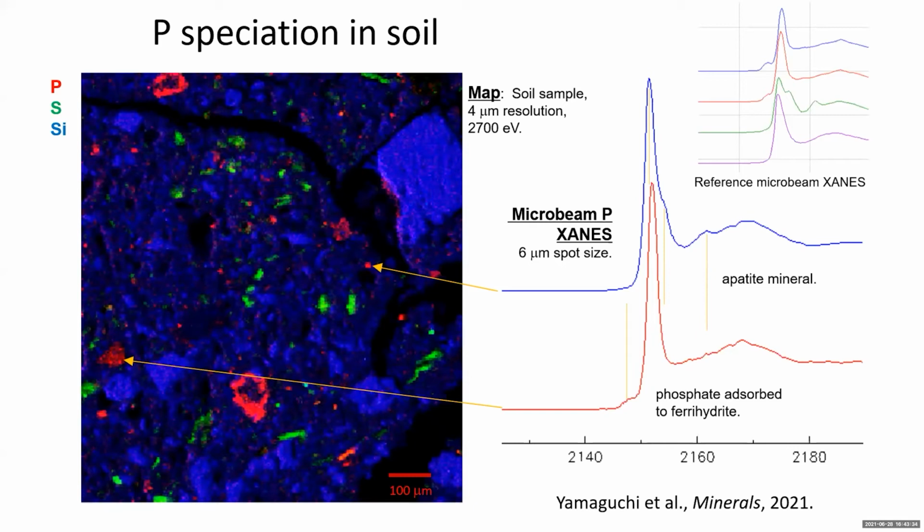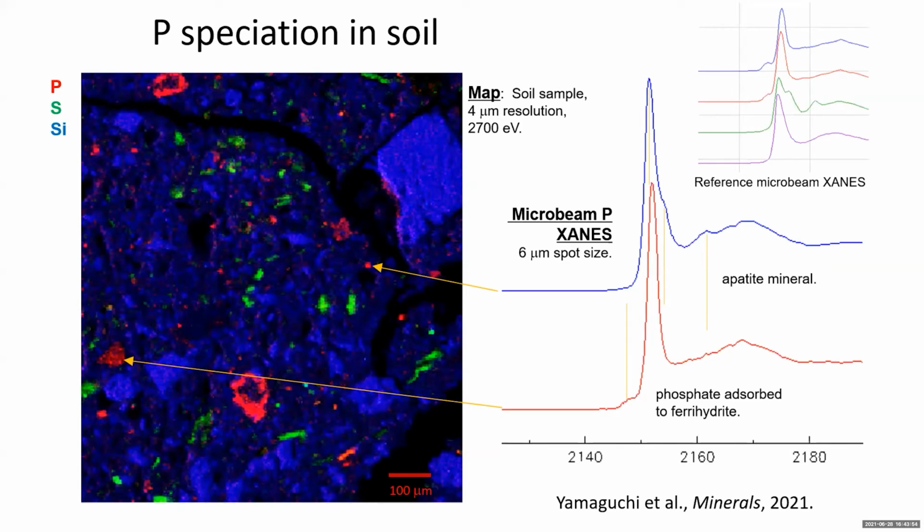And the different red spots are high phosphorus, and they're highly heterogeneous. The one on the right is a grain of apatite mineral, and the more fuzzy diffuse area pointed to at the left is an area of phosphate adsorbed to ferrihydrite.